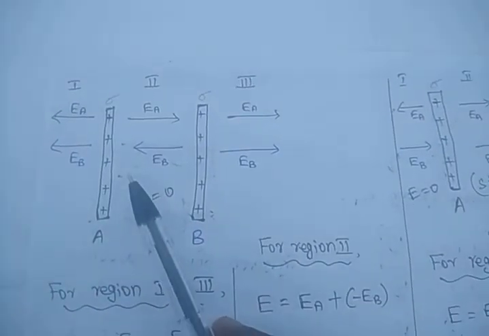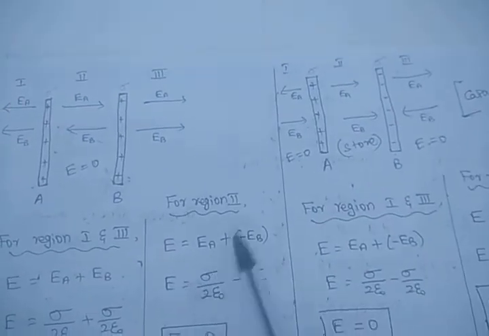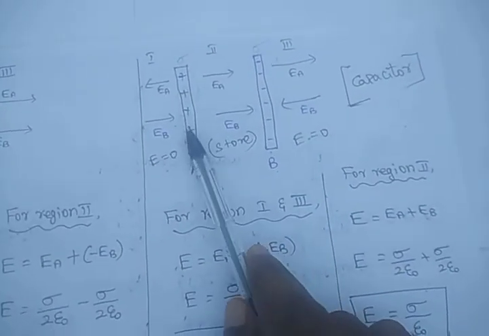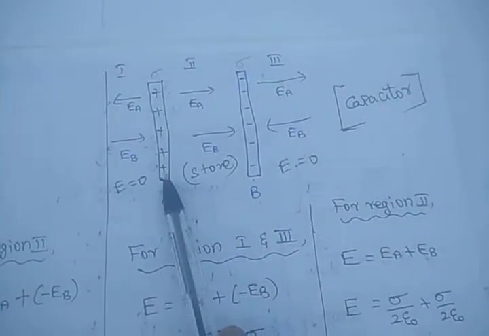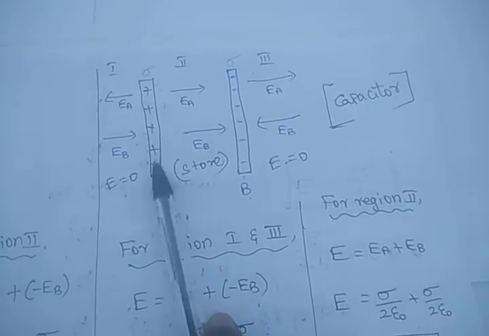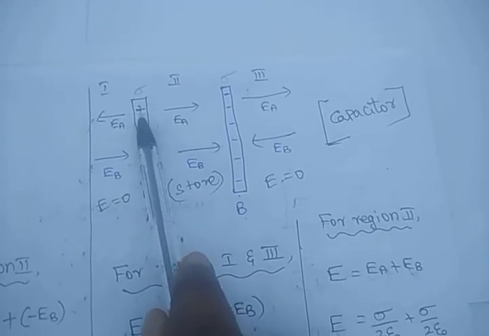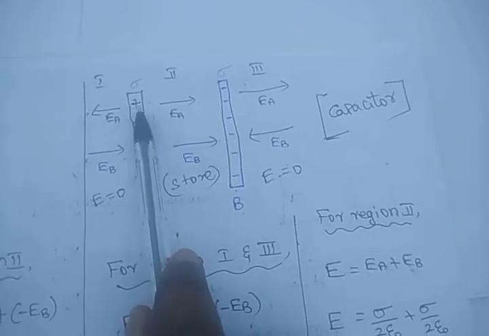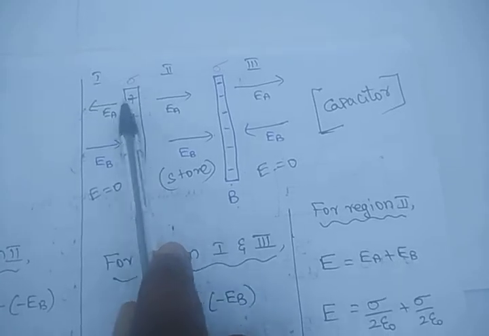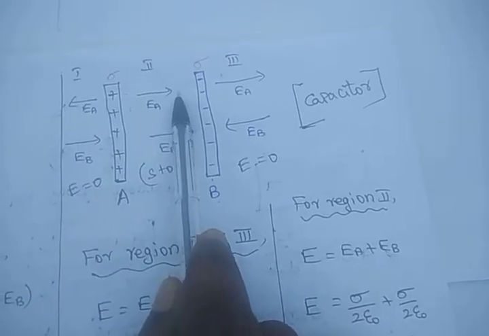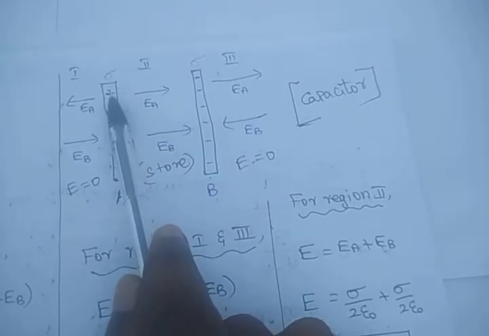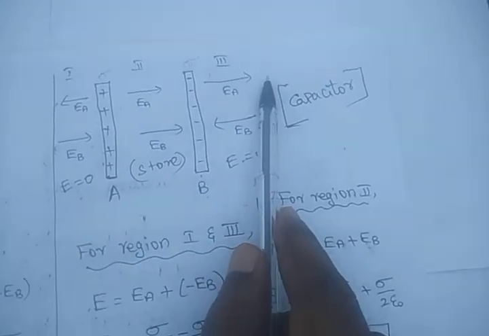Listen students, do you remember this diagram? Yes, there is a positive plate and a negative plate, plate A and plate B. Due to plate A, the positive charge, the electric field direction will always be outwards. So it will be going outwards in region 1, region 2, and also in region 3.